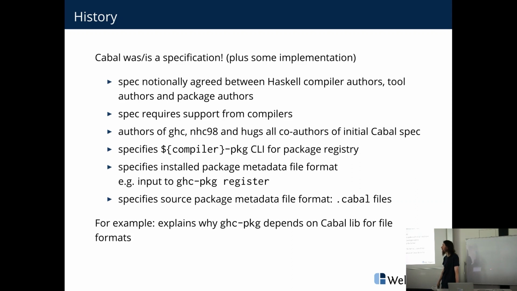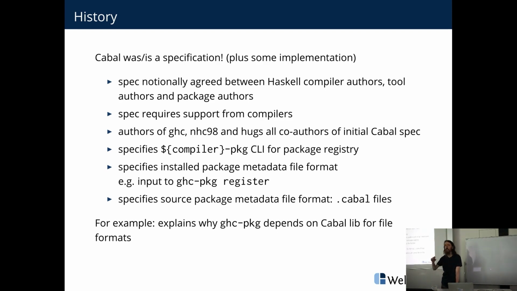It is supposed to be a specification-defined thing, and not just an implementation-defined thing. It was notionally agreed between compiler authors and tool authors and package authors. In practice, the original specification was done between Isaac and a representative from each of the major compilers at the time: GHC, NHC, Hugs. So they were all co-authors of the original spec.